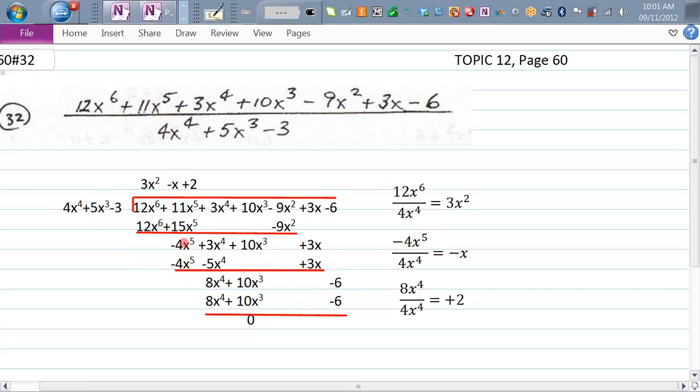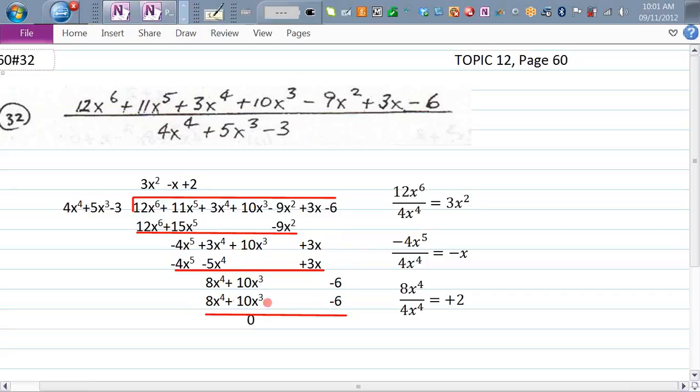Now I subtract this minus this, minus this term, and I get 0, 3x to the 4th, and I subtract minus 5x to the 4th, which gives me 8x to the 4th. I bring down the 10x cubed, because there's really 0 here, and 10x cubed minus 0 gives me 10x cubed. I bring down the last term, minus 6.